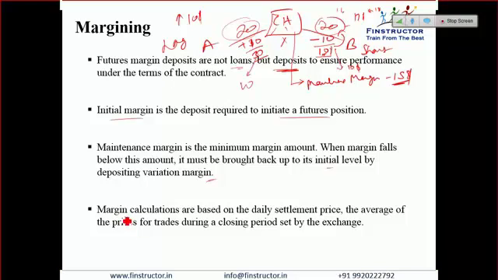Margin calculations are based on the daily settlement price. That is the average of the price for trades during a closing period set by the exchange. So the settlement price generally is the average price of the last 15 minutes or the last 30 minutes. The reason the exchange uses a 15-minute or a 30-minute average and not the last traded price is to avoid manipulation.